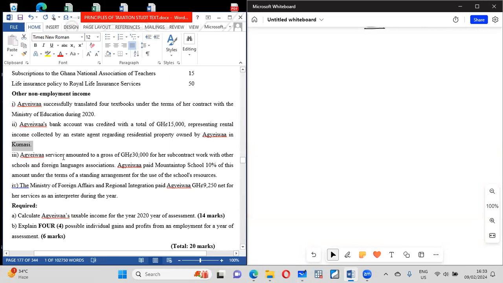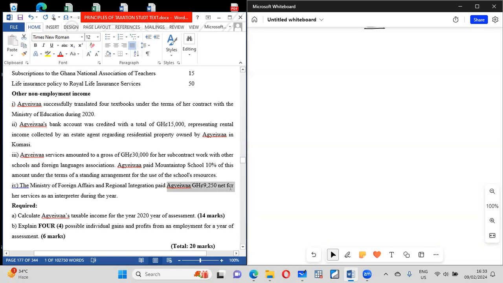Ejewa's services amounted to a gross of 30,000 for subcontract work with other schools and foreign language associations. Ejewa paid Mountain Top School 10% of this amount under the terms of the standing arrangement for the use of the school's resources. The Ministry of Foreign Affairs and Regional Integration paid Ejewa 9,250 net.